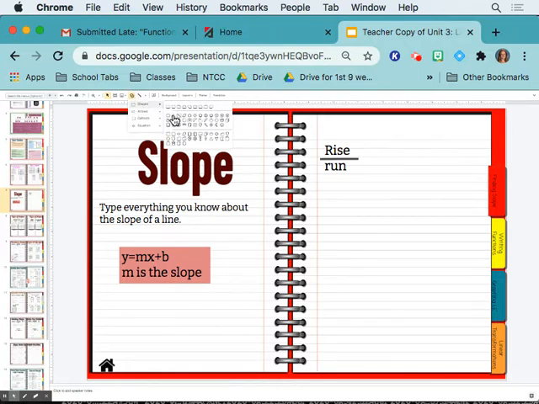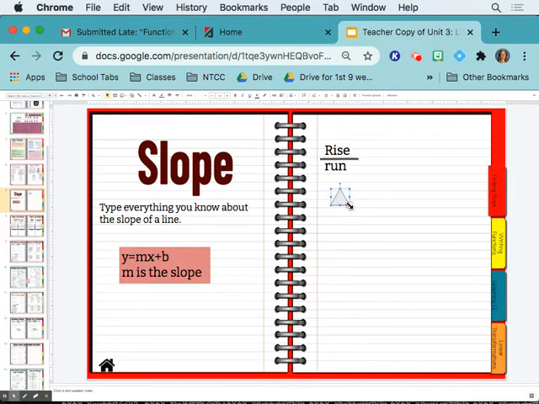I think it's a symbol, but we can do a little triangle. Change of y over change of x. Let's make this bigger though.